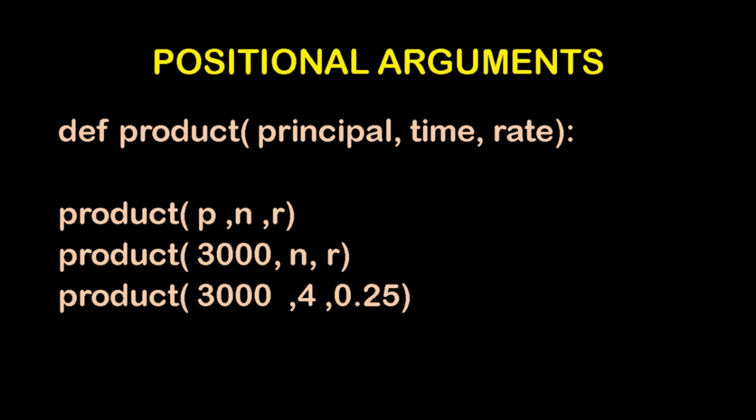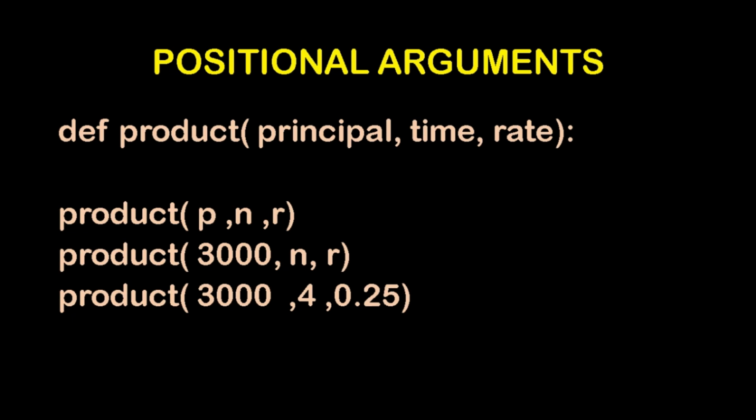Then in the next line, product(3000, n, r). So 3000 is the value of the principal, and n and r are the time and rate. And the third one, product(3000, 4, 0.25). Positional argument means it maintains the order. The first parameter will be matched with the first argument, the second with the second, the third with the third.